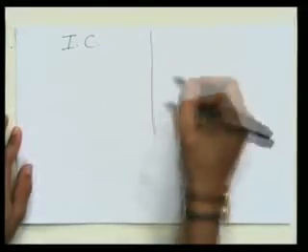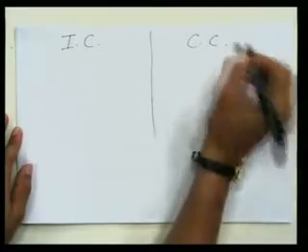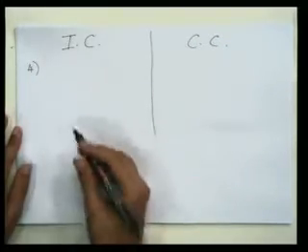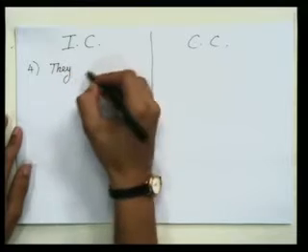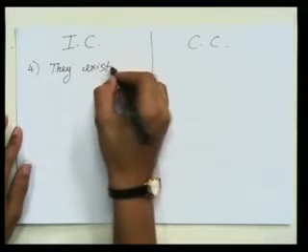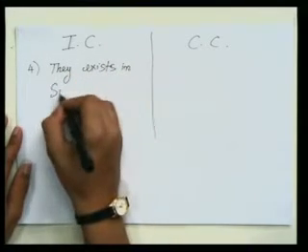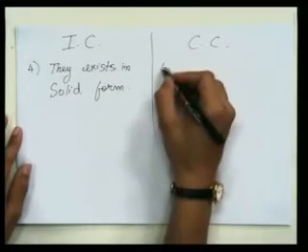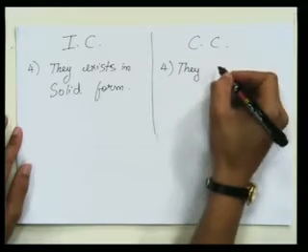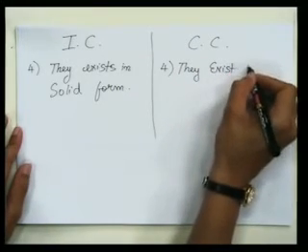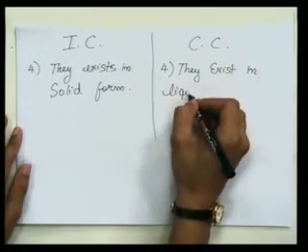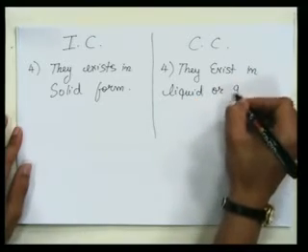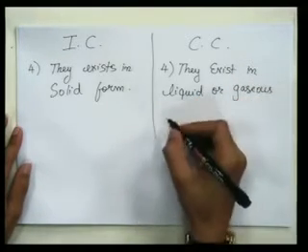The fourth point, in case of ionic compounds you can see here they exist generally in solid form. In case of covalent compound, they exist in liquid or gaseous form.